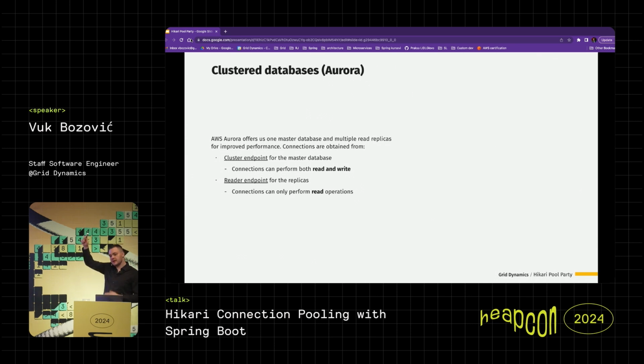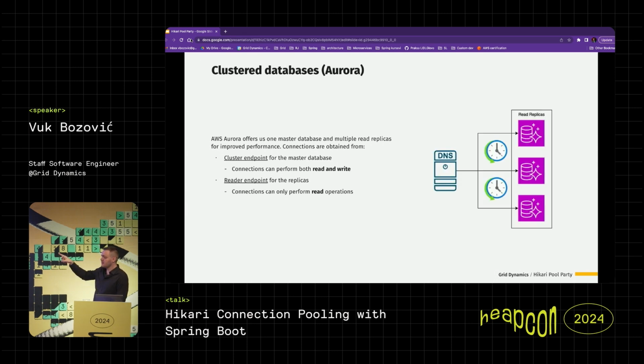And then you have a bunch of replica reader instances, which are only responsible for reading or running select queries. Now, how you connect to those reader instances is through some kind of timed DNS switch, meaning the URL at one moment points to the first replica, at another to the second, at another to the third.